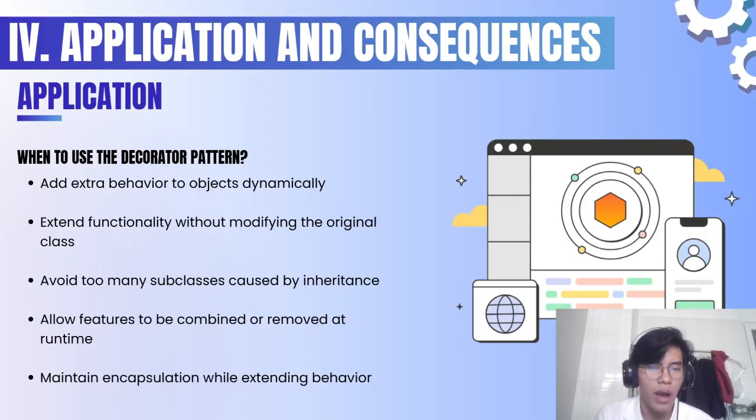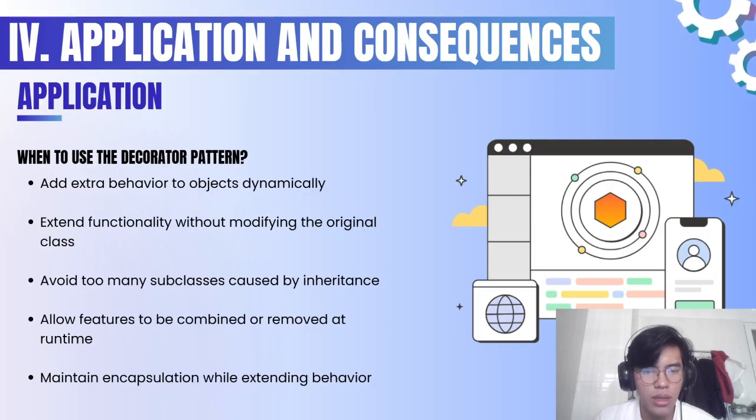This helps us extend functionality without changing the existing class, which is useful when the original code should remain stable. Another reason to use this pattern is to avoid creating too many subclasses caused by inheritance. If inheritance is used for every feature combination, the number of subclasses would be too large.